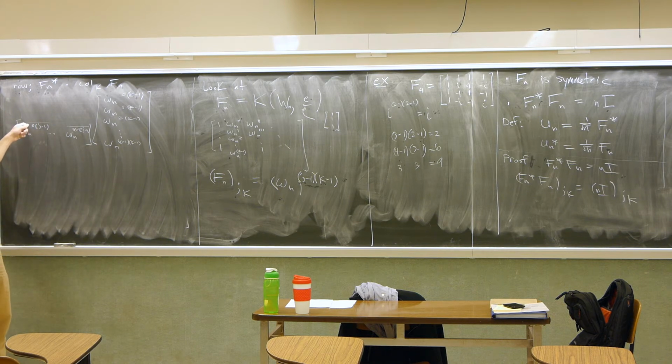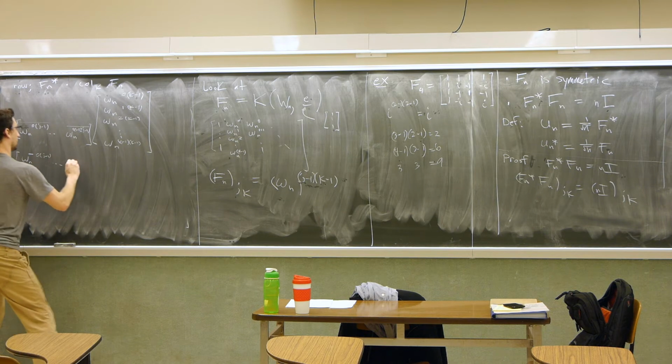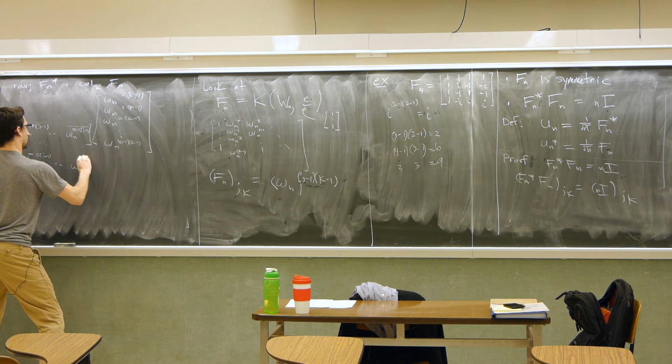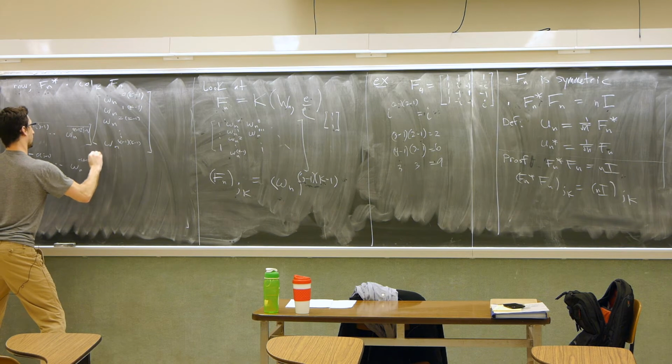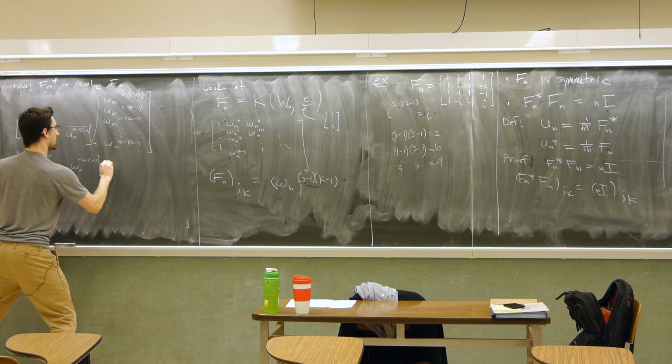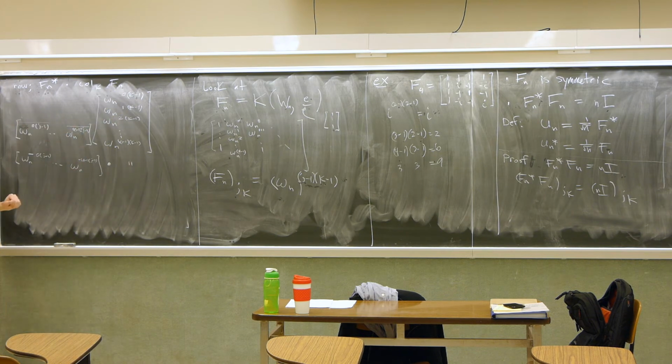Then now we use one of the facts about roots of unity I mentioned earlier on, that taking the conjugate is really just putting a minus sign there. Dot product with the same vector up here.